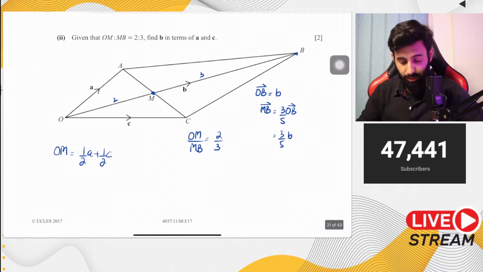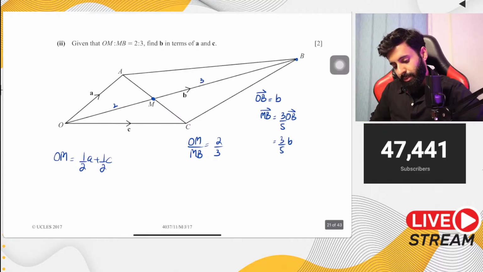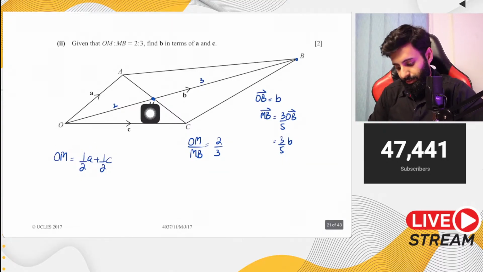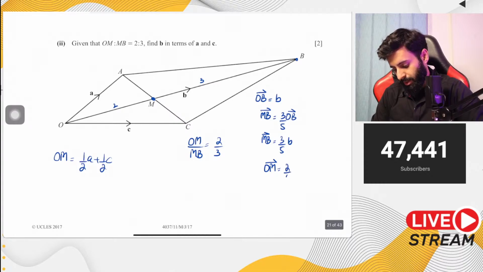Now, we can also say that OM is equal to 2/5 of B. MB is 3/5 of B, or we can also say OM is 2/5 of B. That's actually much easier since we already have OM.